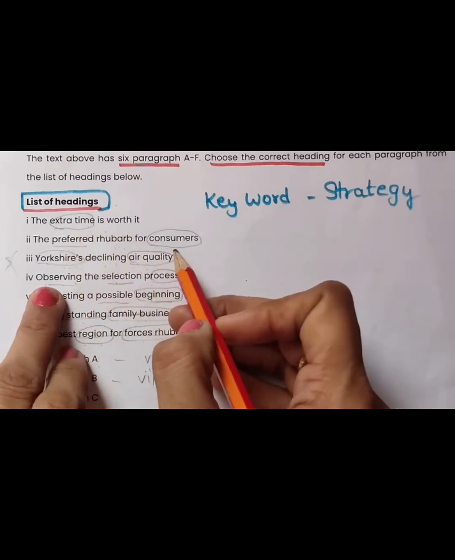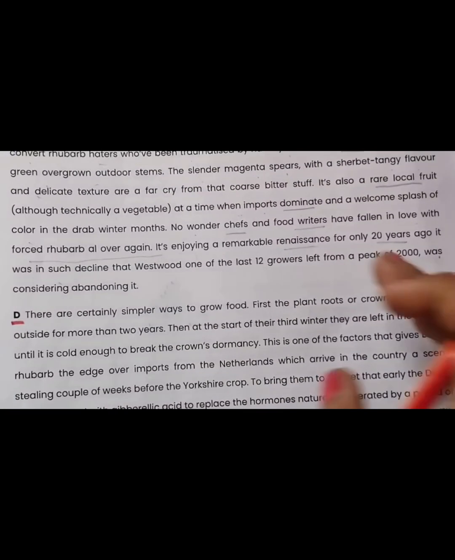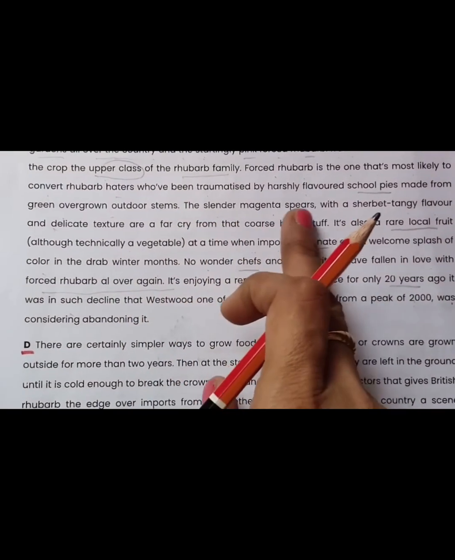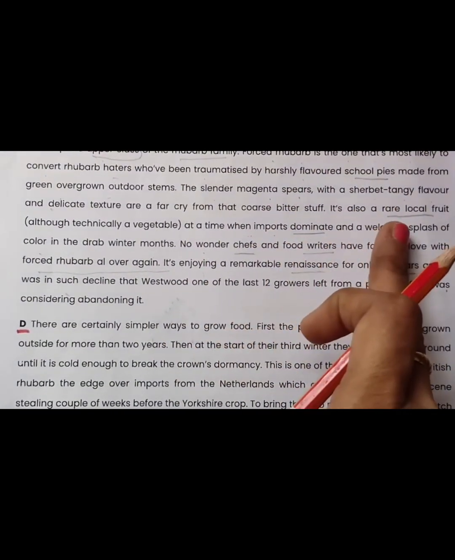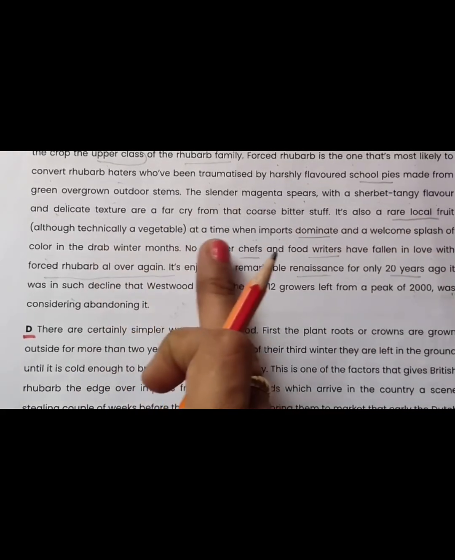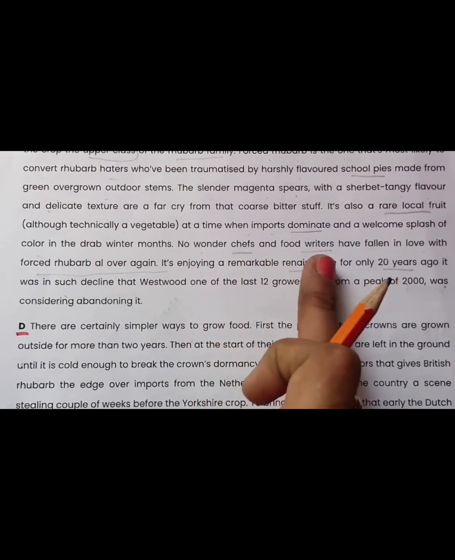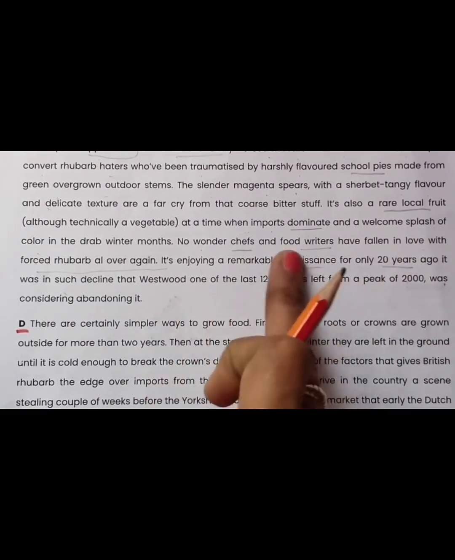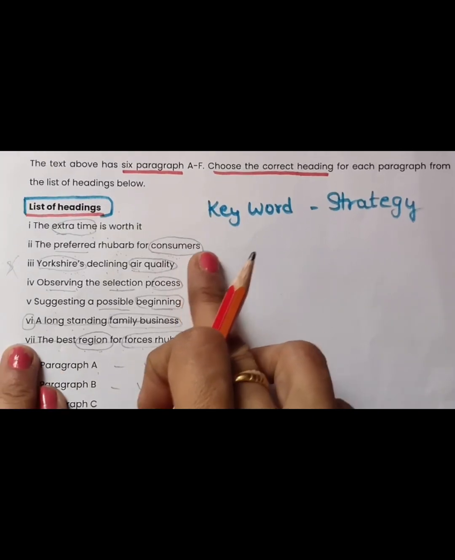Preferred rhubarb for consumers. So this we can go, because here they are talking about this fruit, and the product also they are talking, and here also it is a local fruit at a time when imports dominate, and no wonder chefs and food writers have fallen. So many things they are talking about, so I will go with that, but you can read it.